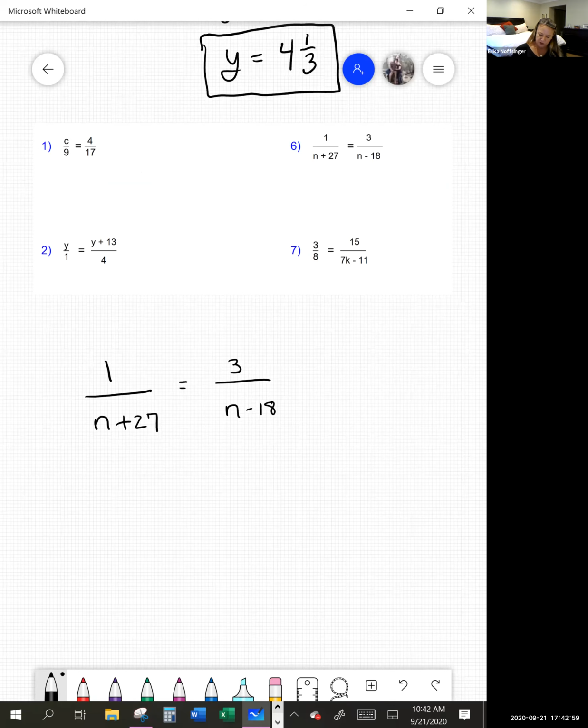So when I'm multiplying this 3 times n plus 7 and this 1 times n minus 18. So technically, because there's more than one term in the denominator, you should have parentheses around that. But we're multiplying by a 1, so it's really not doing anything in that case.